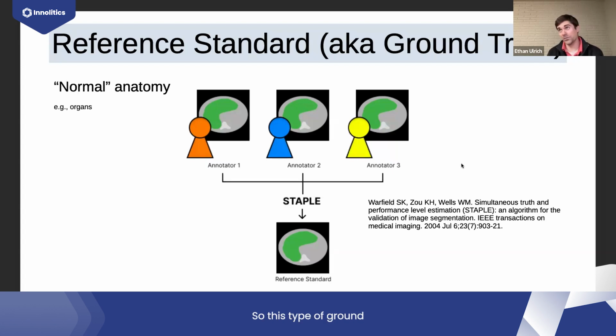For this type of ground truth establishment, you have three annotators independently doing their segmentations of the liver, and then a computer program, an algorithm called STAPLE, can be used to combine those three into a single segmentation, and then you can use that as your ground truth. That is one example of establishing a ground truth for something like a liver.